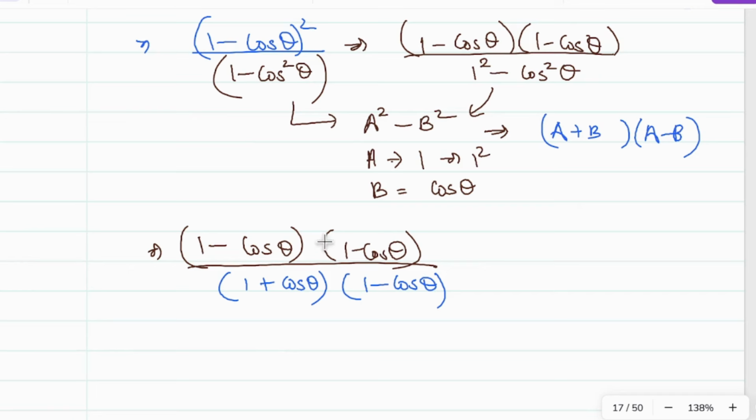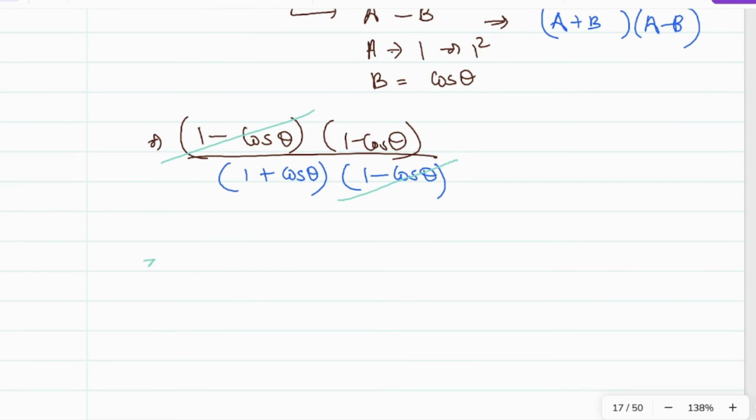Now look, in the numerator there is 1 minus cosθ, and in the denominator also there is 1 minus cosθ. I can cancel them both. So my answer is (1 minus cosθ) divided by (1 plus cosθ). In this way I can write my answer.